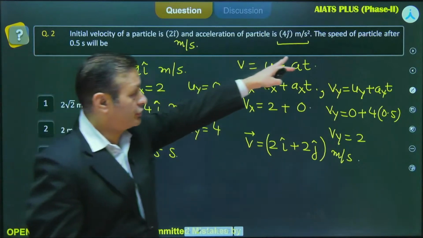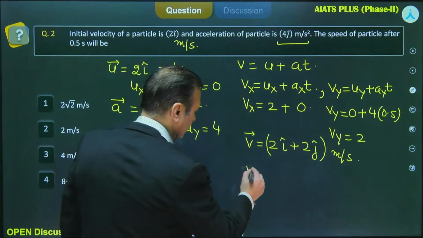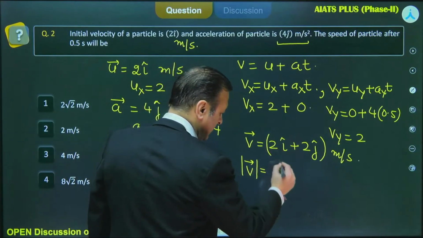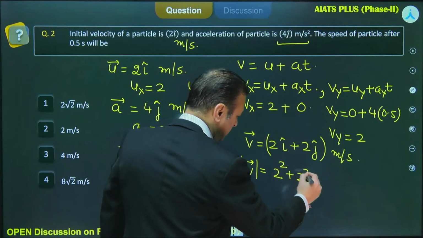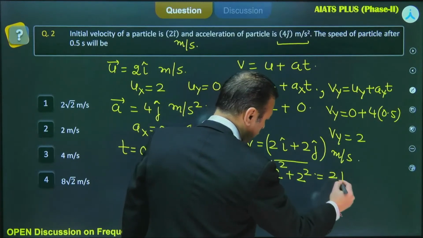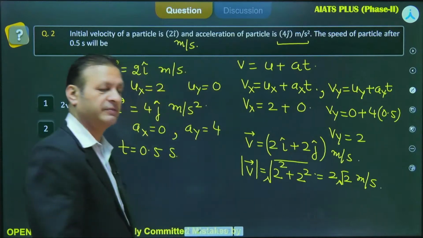But your question is asking for speed, and we know how to find speed, that is the magnitude of this. So this is x component square plus y component square, the whole under the root, and that gives you 2 root 2 meter per second.